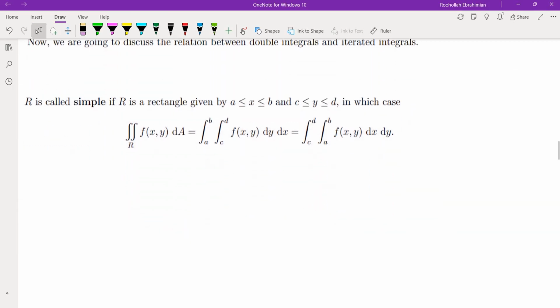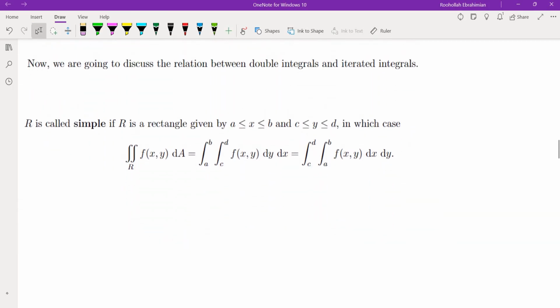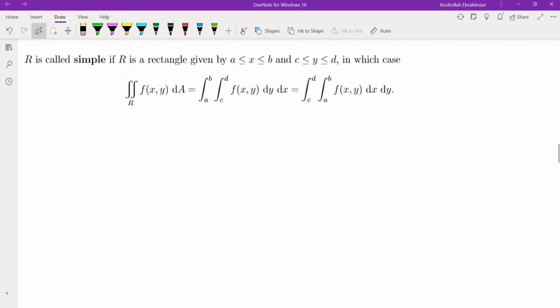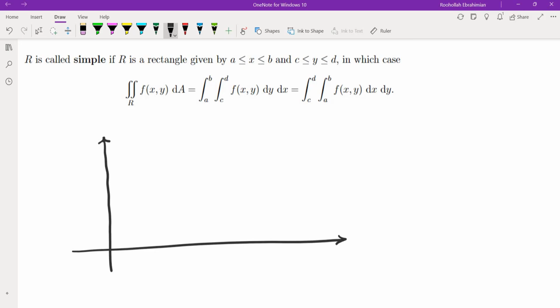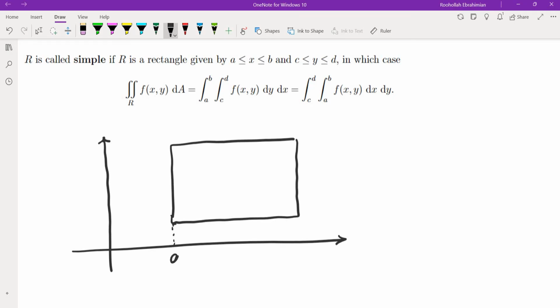Now we're going to relate the double integrals and iterated integrals. If the region that we are given is a simple region, so if we have a region that is a rectangle bounded by x equals a, x equals b, y equals c, and y equals d, we could say y goes from c to d.